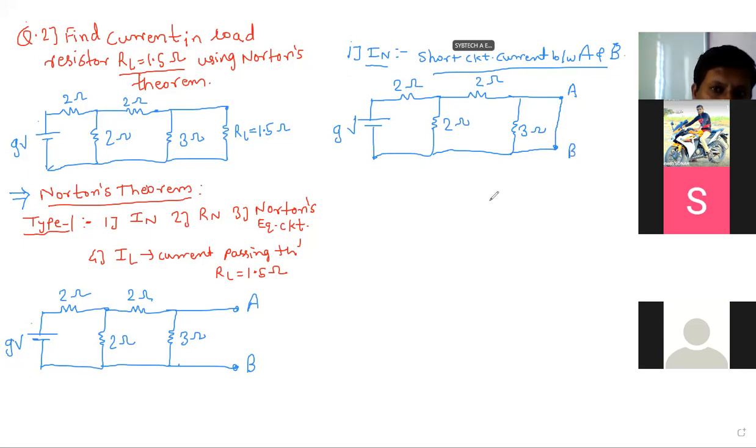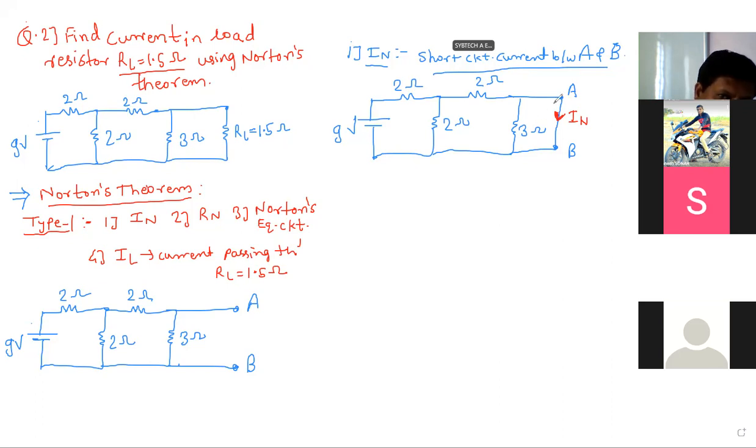Now tell me, what will happen to the 3 ohm? Will it remain as it is, will it be shorted, or will it be open? There is an exact parallel short path to the 3 ohm.